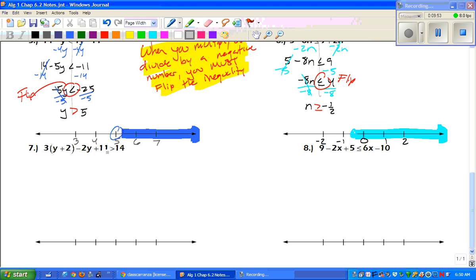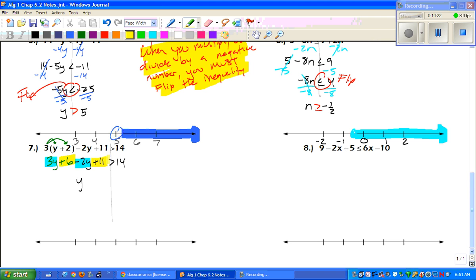All right, 2 more. Now, don't be scared on this one because it might look a little scary, but it's really not that bad. So we have to distribute. Everything else stays the same. Now, on this, we need to start combining our like terms. 3y minus 2y gives us just 1y.